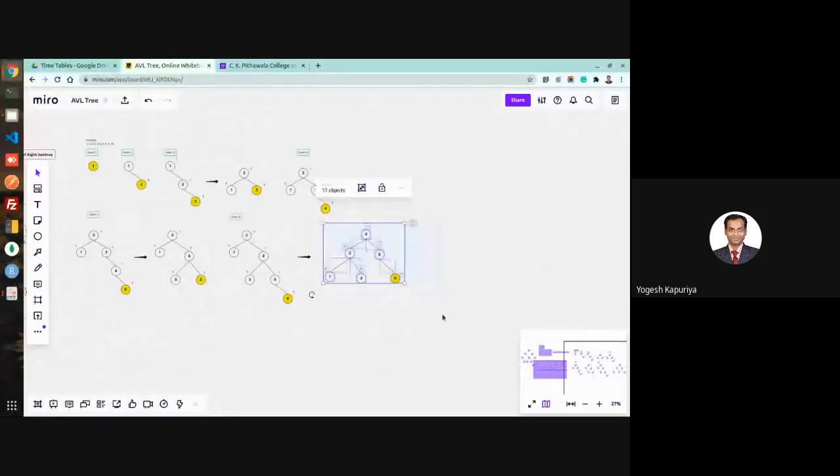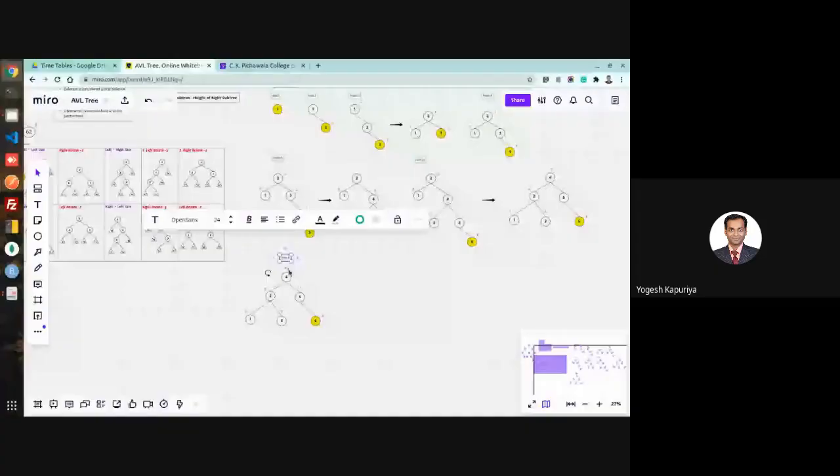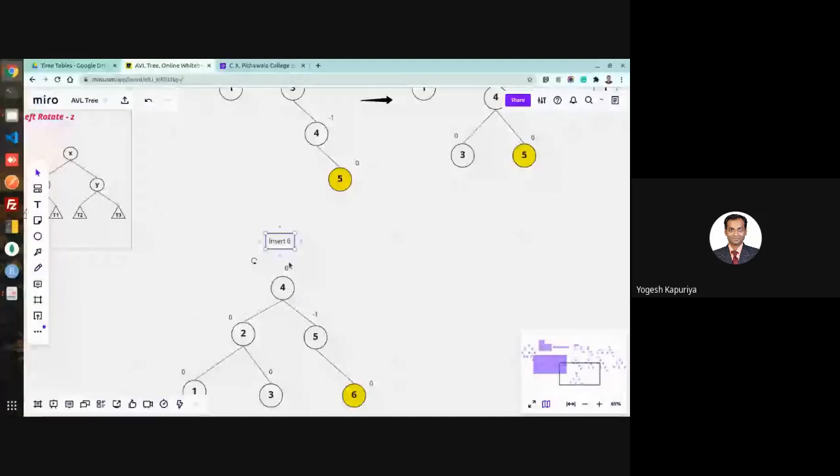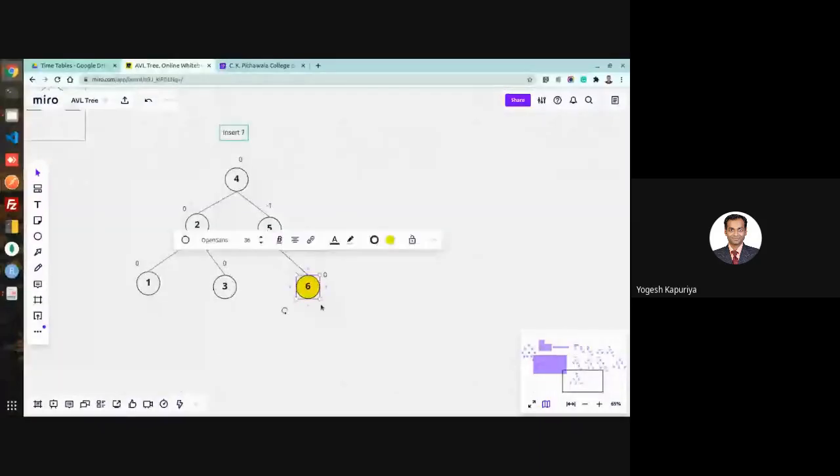Let's insert 7 now. And you insert 7, it goes here.